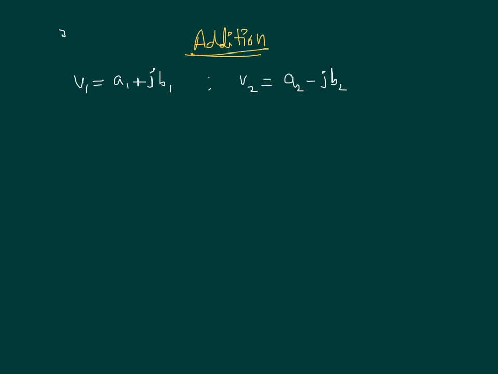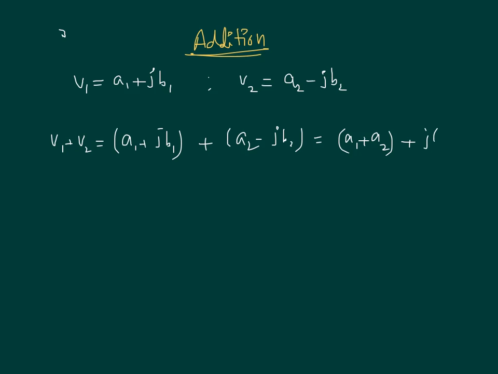So addition is v1 plus v2, that equals a1 plus jb1 plus a2 minus jb2, that equals a1 plus a2 plus j, which is common, b1 minus b2.